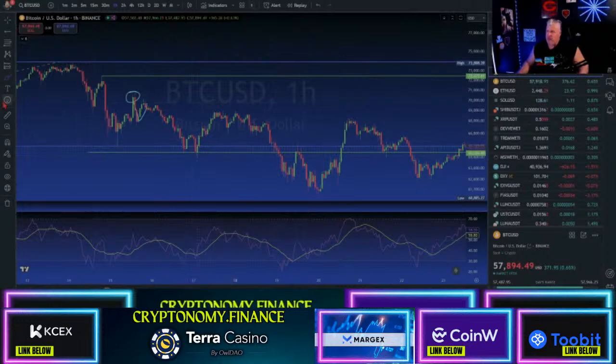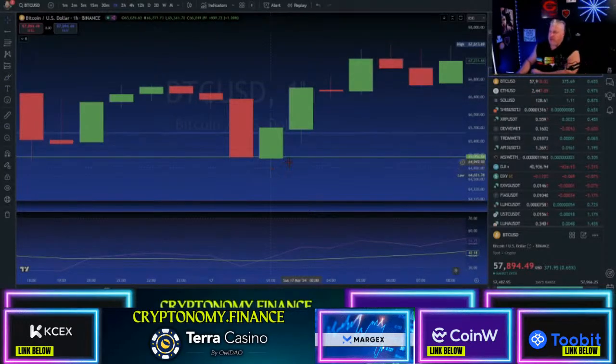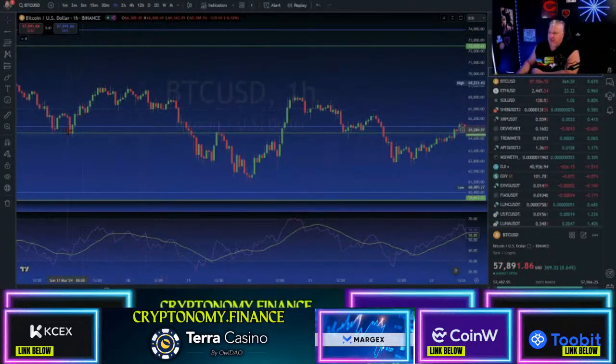If you zoom in onto these wicks right here, there is nothing about them that tells me we're about to reverse and start to spike. These are small wicks. It doesn't give you any confidence that there's going to be a big move in that direction, okay?